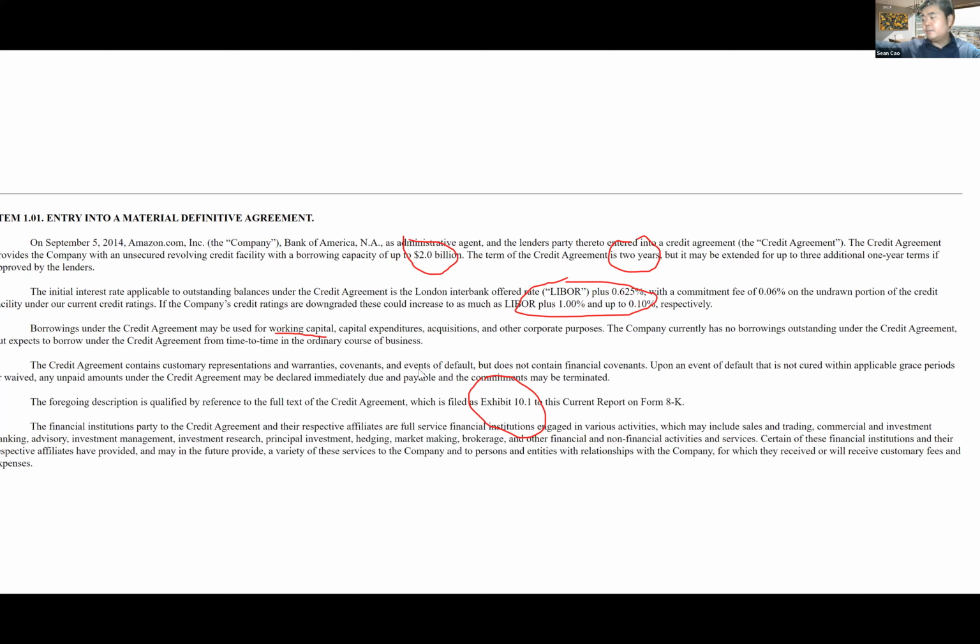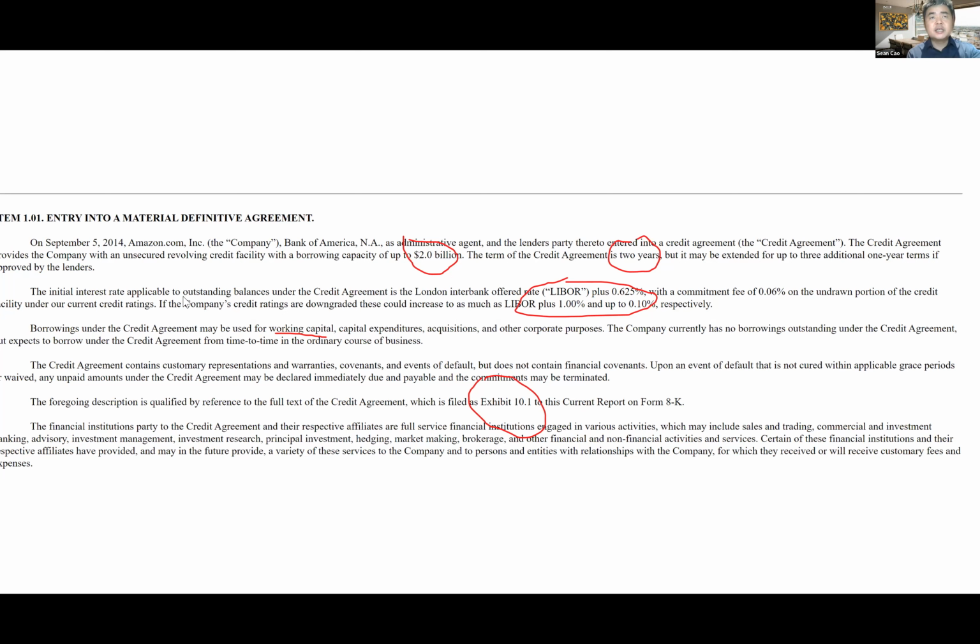You can get the complete loan contract in exhibit 10.01. That's the exact loan contract. Sometimes it's in picture format. They take a shot of the contract and load it on the 10-K, so you can see all the details.